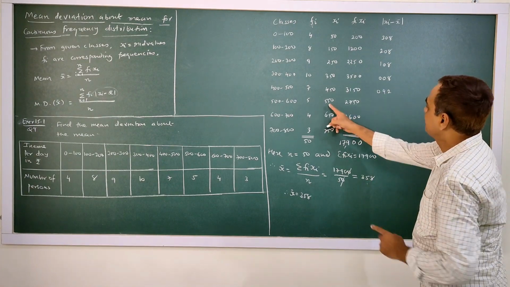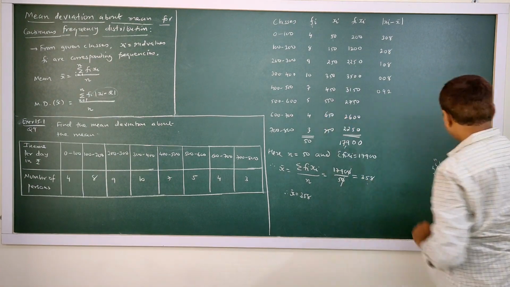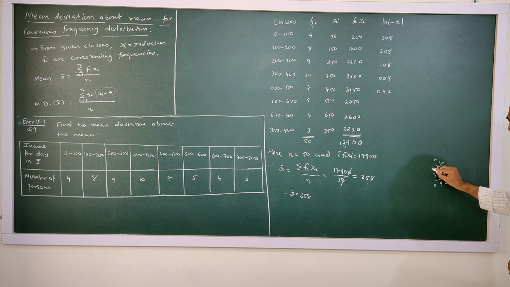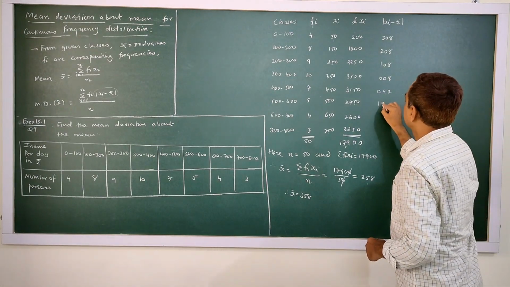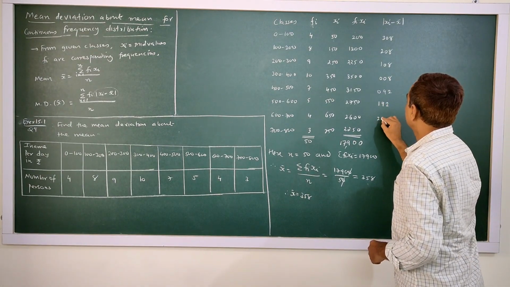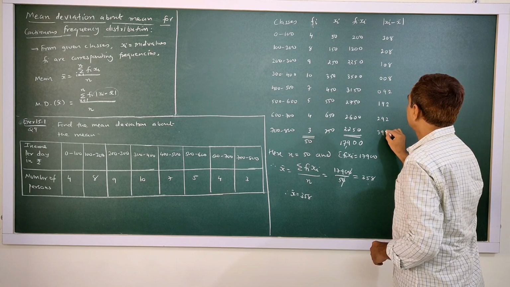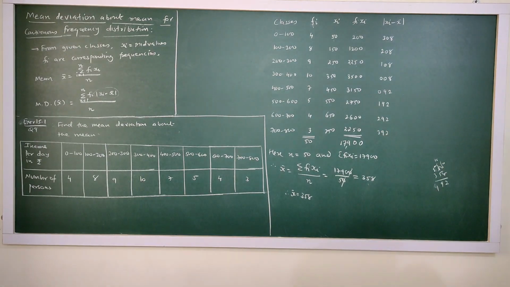Then 550 minus 358, so it will be 192. Then 292, 392. So this is the modulus of xi minus x bar.